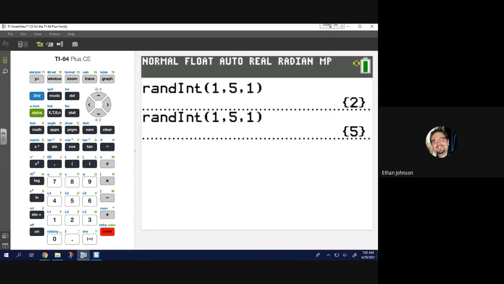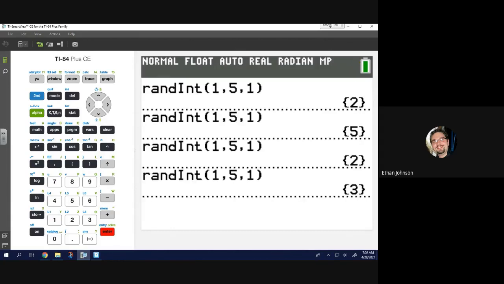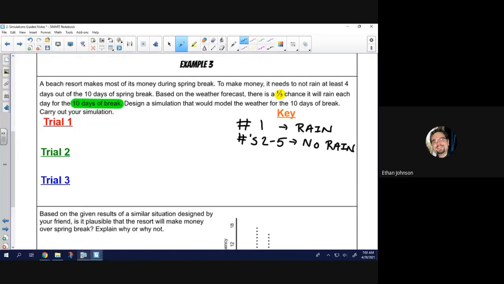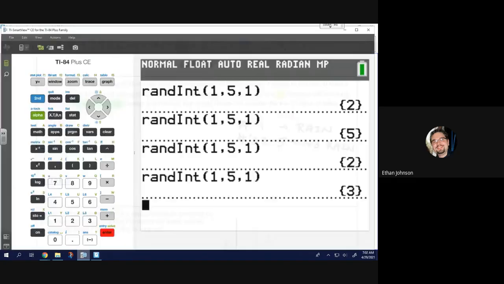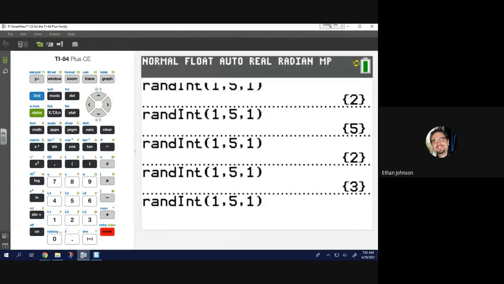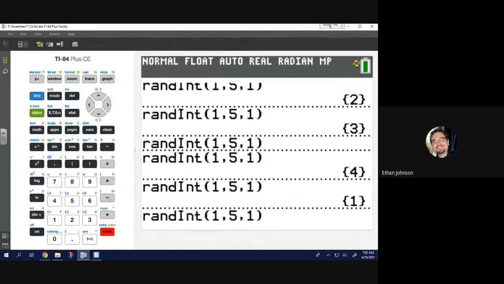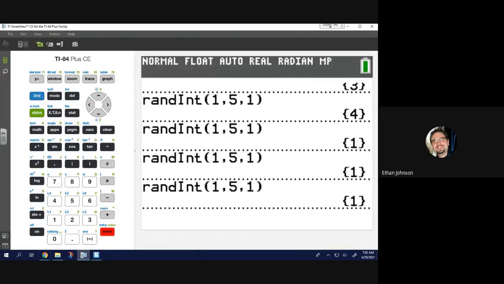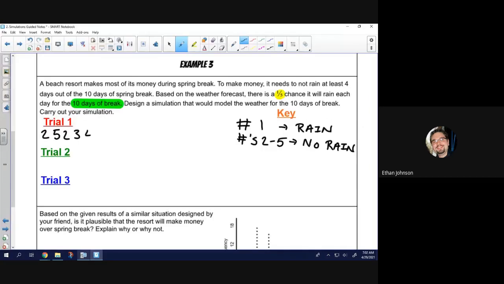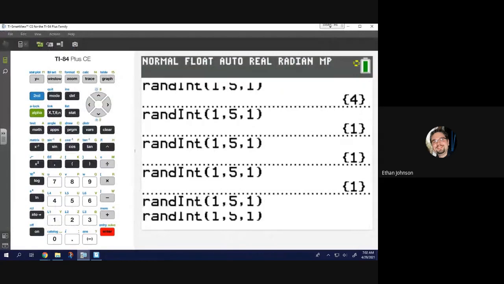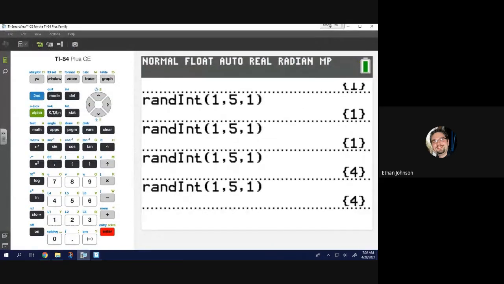You have a 2, a 5, a 2, a 3. A 4, 1, 1, 1. A 4 and a 4.